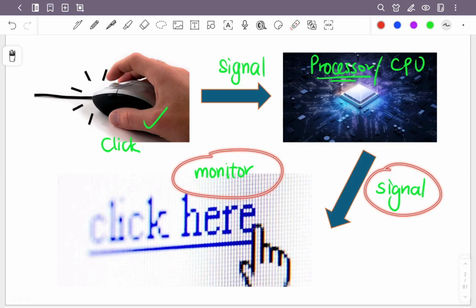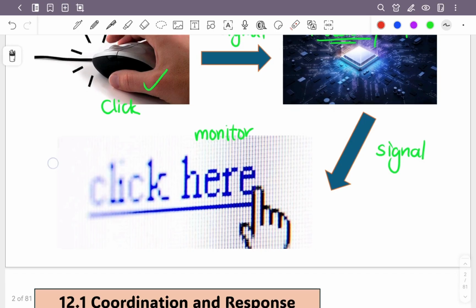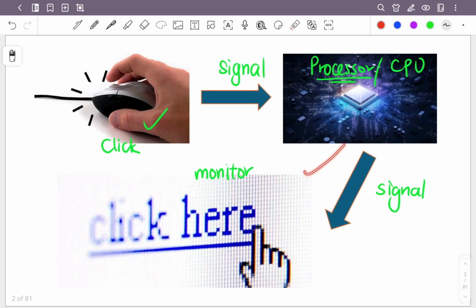So the monitor will show something based on the signal from the processor. This is just an analogy. We are going to look into many examples, but this is the general pattern that you can relate to because you use computers. So you should know how all this happens. And this is the general pattern that happens in our body too. So we're going to see how.